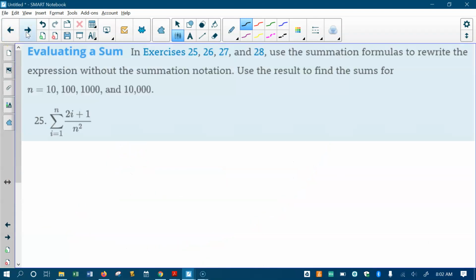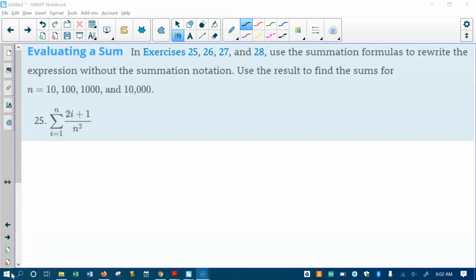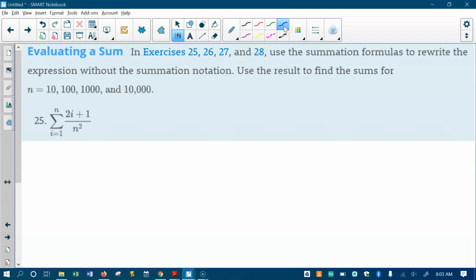Okay, now this one was for number 25. For this one, I can see why you asked about this one. It's that n squared that's the problem. So in order to take care of that, what we're going to do is first rewrite the summation.